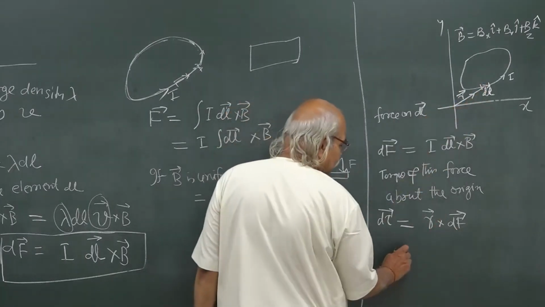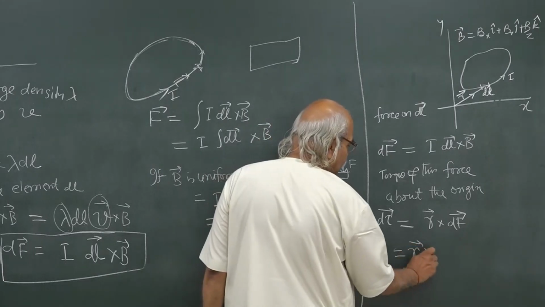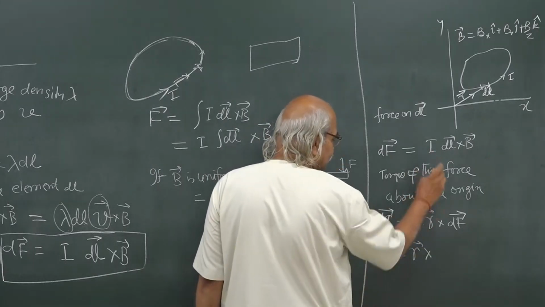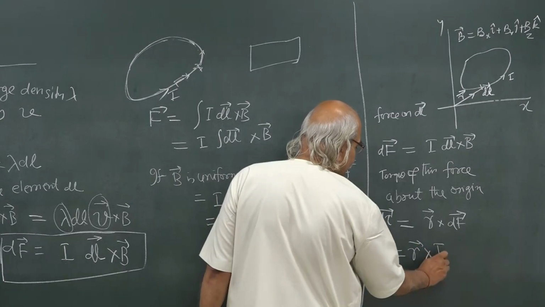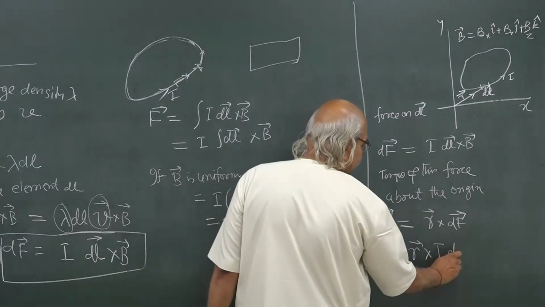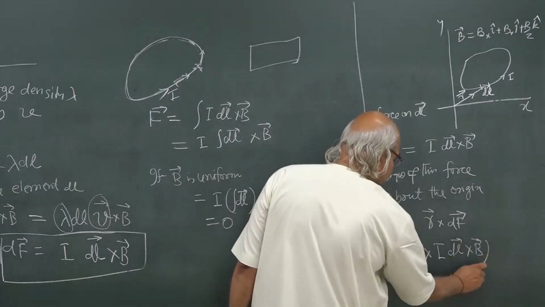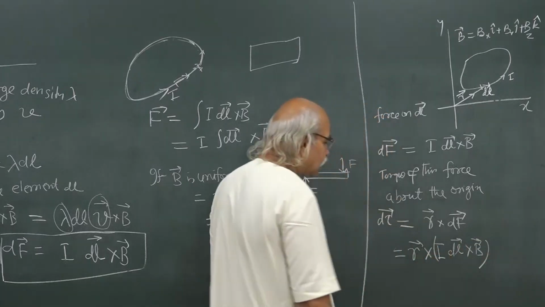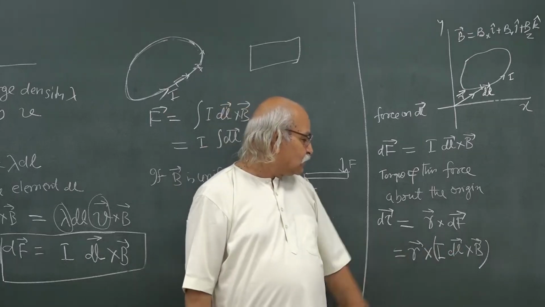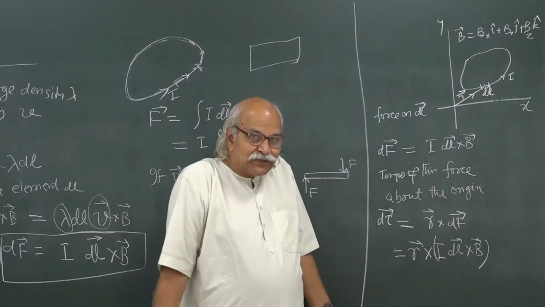So, this will be equal to r cross dF, where dF is I dl cross B, and you have to put the bracket here. There are two cross products, so it is not associative.